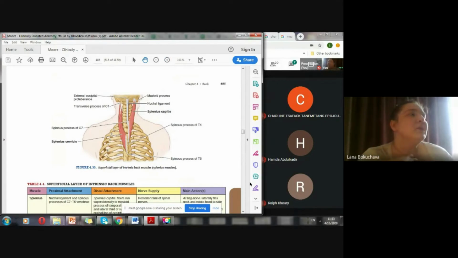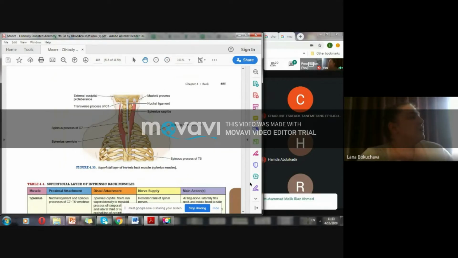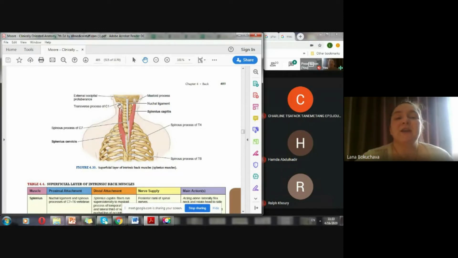Okay, so in this picture, you can see that the splenius muscle was subdivided into several parts. According to its distal attachment, we subdivide the splenius muscle into 2 parts.